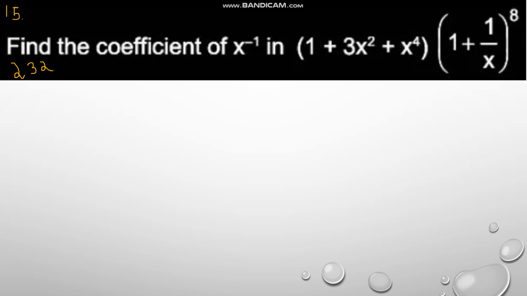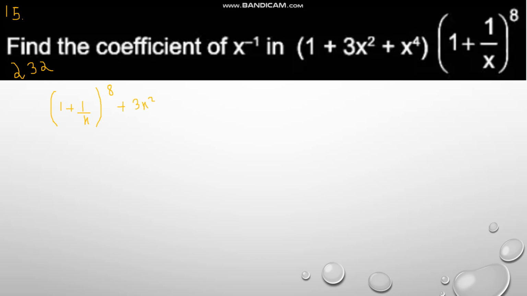Now let's start with the solution. First of all, I am just dividing the equation into 3 different terms just for our convenience. See now, there is power 8 here. Then we have plus multiplied by 3x square.